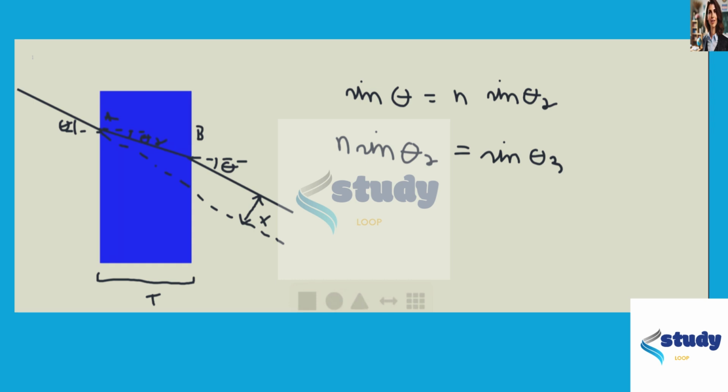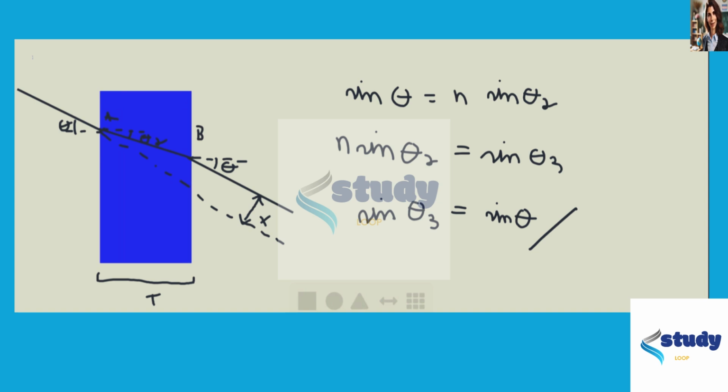And now we can combine both expressions. So we get that sine of theta 3 is equal to sine of theta, as is drawn in the picture. And this means that the ray is parallel to the incident ray. So this ray is parallel to this ray because this angle is equal to this angle.